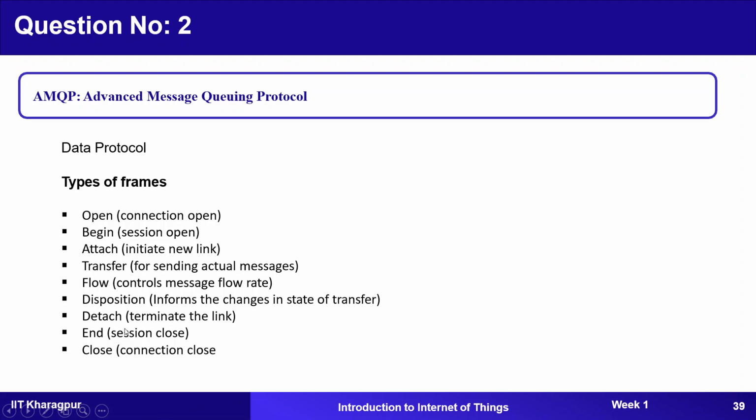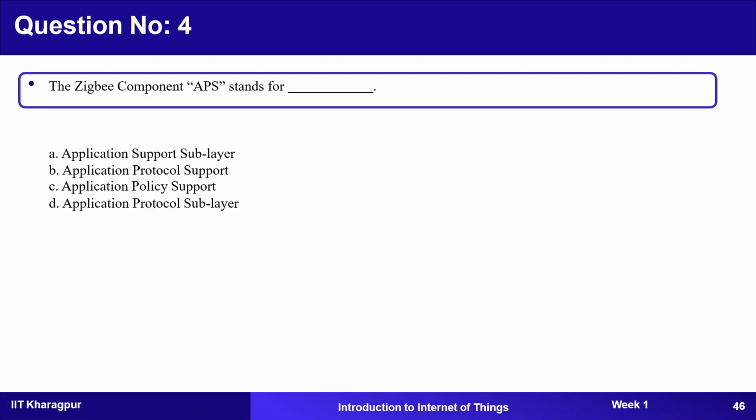The next question is, ZigBee component APS stand for application support sublayer, application protocol support, application policy support, application protocol sublayer. Anyone? No?